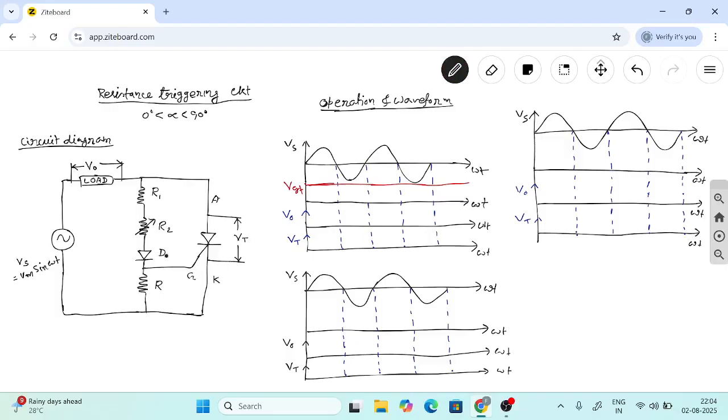So whenever R2 is very high, the peak value appearing across R is equal to Vm by R1 plus R2 plus R, into R. That is the gate peak voltage VGP.